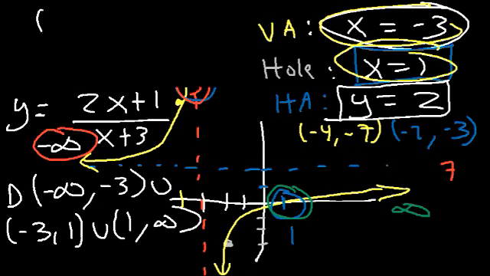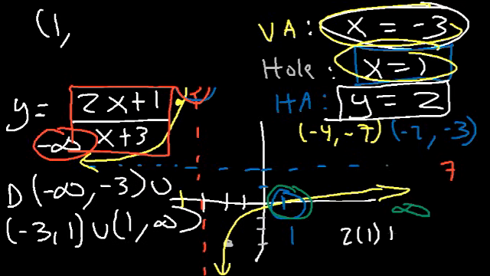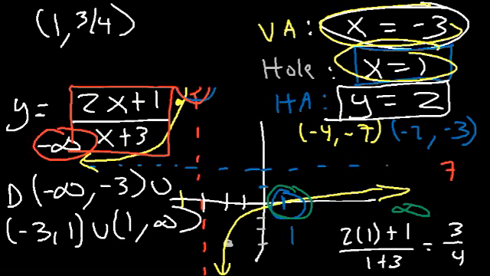So we need to plug in 1 into the surviving equation. That is the 2x plus 1 over x plus 3 equation. So it's going to be 2 times 1 plus 1 over 1 plus 3. So 2 plus 1 is 3, 1 plus 3 is 4. So the hole has the coordinates 1, 3/4.